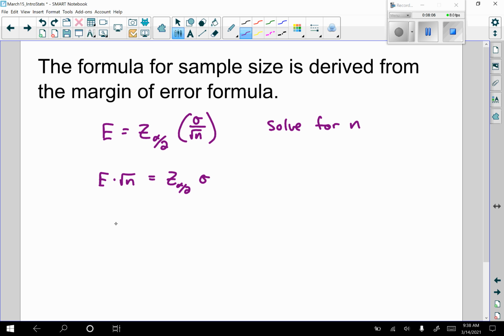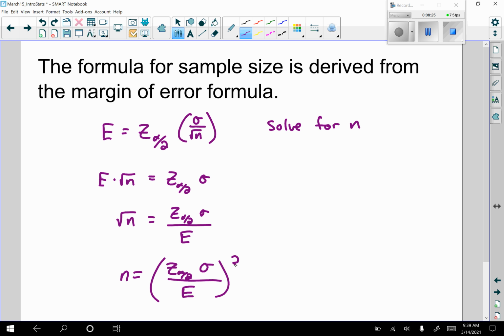Then divide by E. And then square both sides. So our sample size n is equal to this quantity, z sub alpha over 2 times sigma, the population standard deviation, over E, that quantity squared.